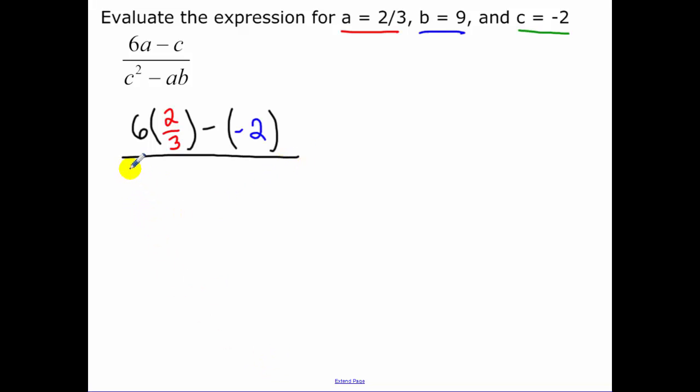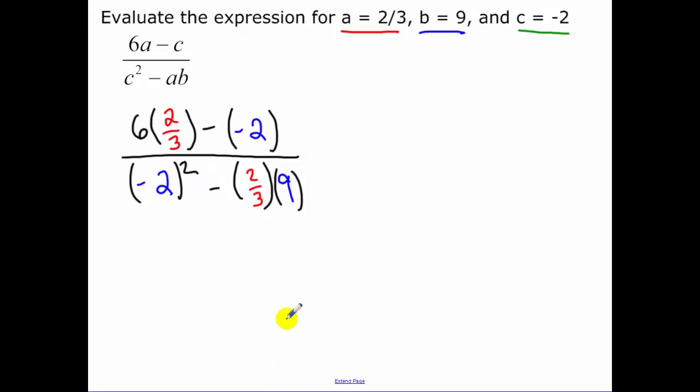That's all over C squared, which is -2 squared, minus A, which was 2/3, times B, which was 9.